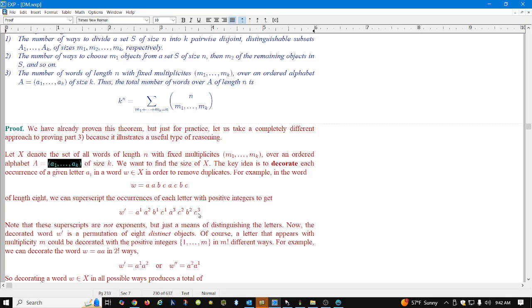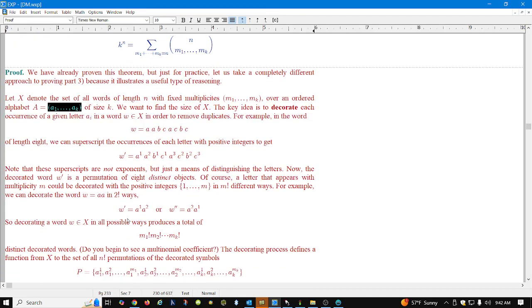Now, a letter that appears with multiplicity m can be decorated in a lot of different ways with the numbers 1 through m. In fact, in m factorial different ways. So just as a very simple example, the word AA can be decorated in 2 factorial ways.